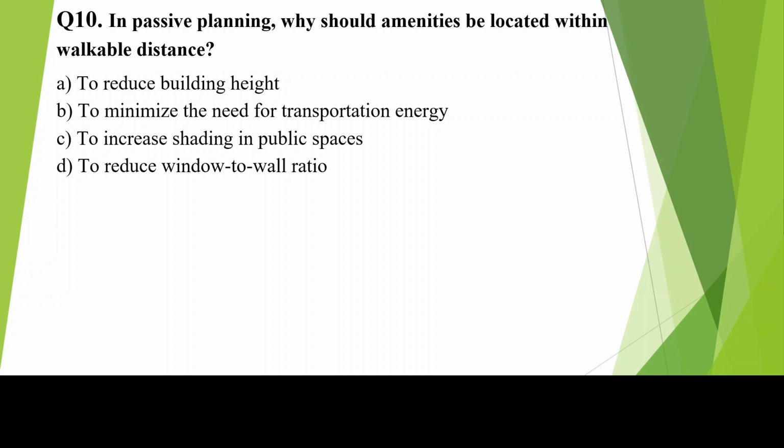In passive planning, you try to give your answers. Why should amenities be located within the walkable distance? How will it help overall in maintaining the sustainability of the ecosystem? Based on that, you can answer this question.